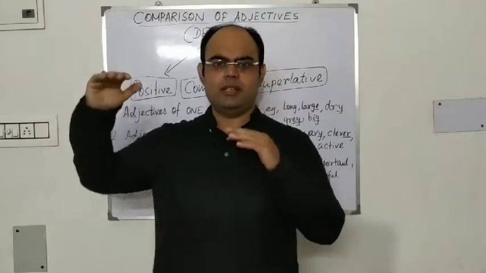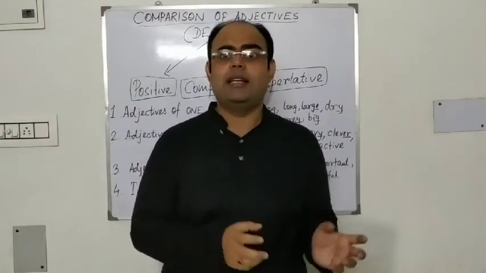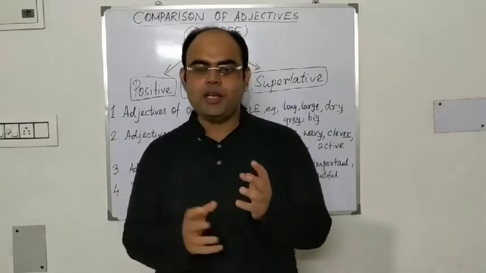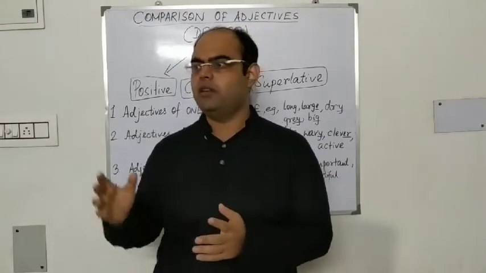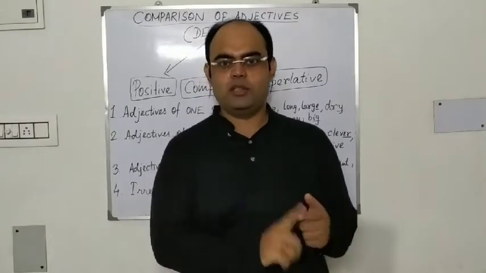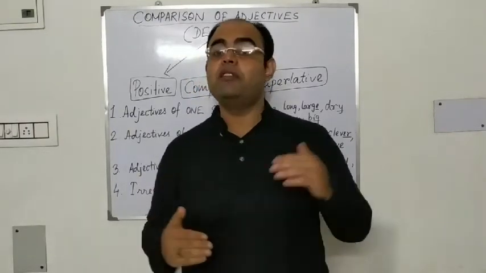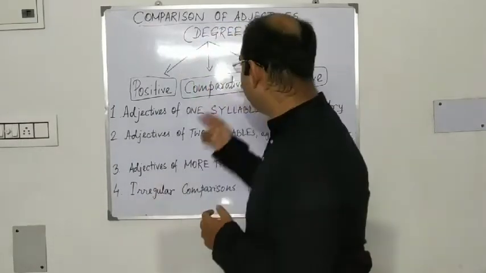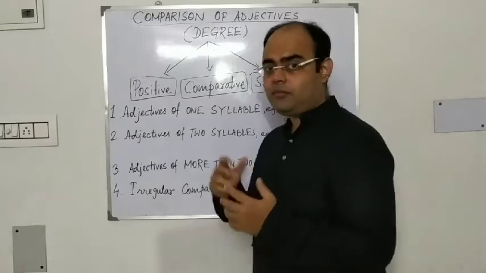One is taller than the other. One is more, one is less, like this. So in this case, we just change the degree of the adjective. We say Ravi is taller than Ram. So Ravi is tall, and Ram is also tall, but Ravi is taller. So the word taller is said to be in comparative degree.